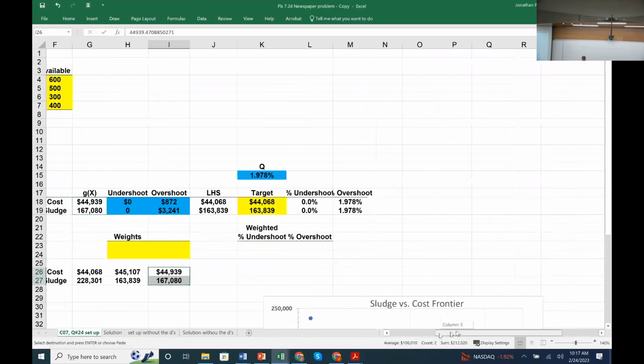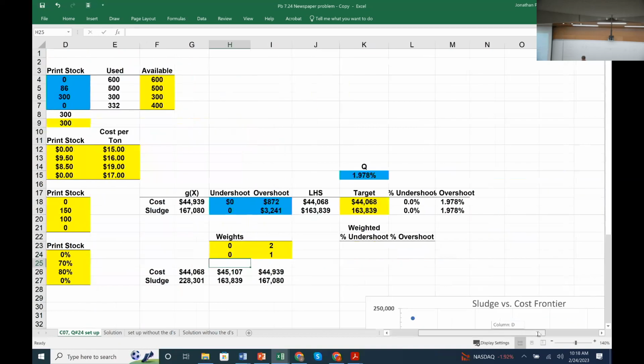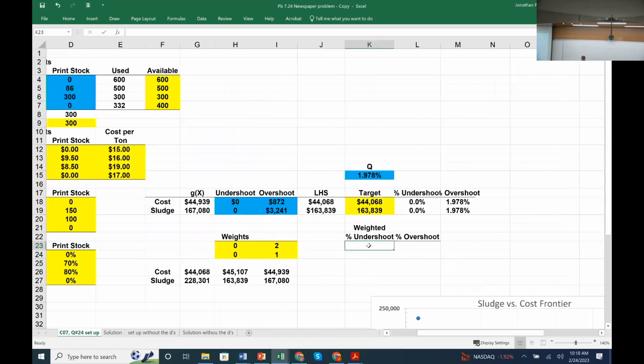So we have to add weights, and we're gonna dislike overshoot in particular. And the statement is the cost overshoot is twice as bad as the other overshoot. So then we multiply those weights by the straight percentage overshoots to get weighted percent overshoots.